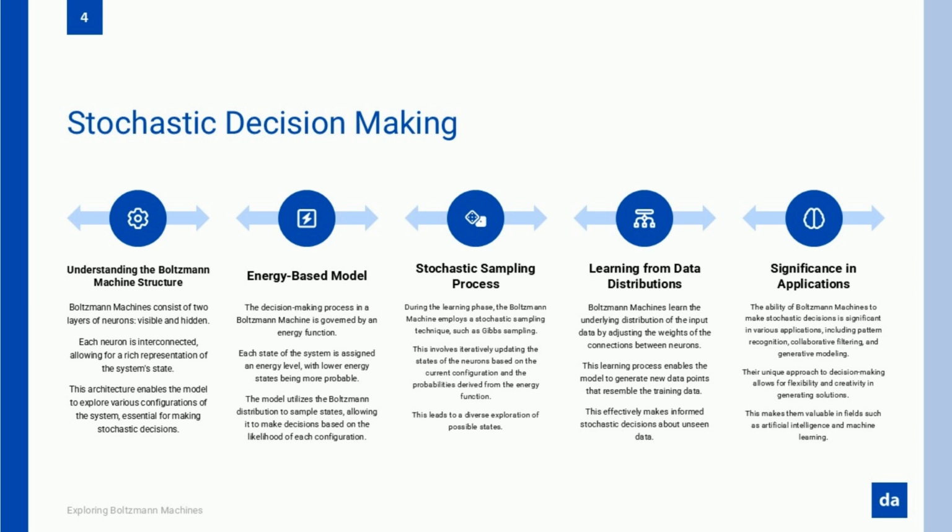This helps them escape local minima, places where learning might get stuck, and find better overall solutions. One of the most commonly used techniques for this is Gibbs sampling, where neuron states are updated iteratively based on the probabilities dictated by the network's energy function. This stochastic nature is what allows Boltzmann machines to be incredibly effective in capturing complex patterns and generating new data.